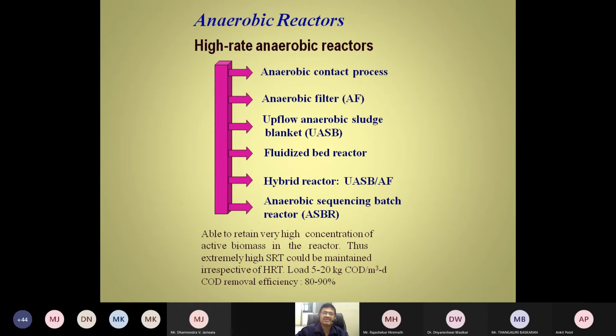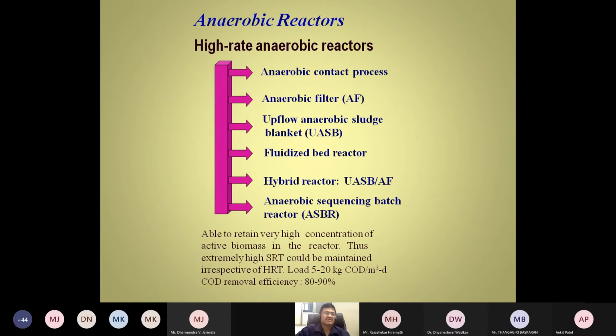Nowadays, high-rate anaerobic reactors are available which can treat high COD or high BOD wastewater directly. You can feed it into the anaerobic reactor and you will get good COD removal.